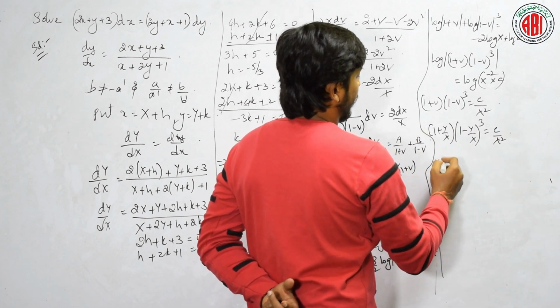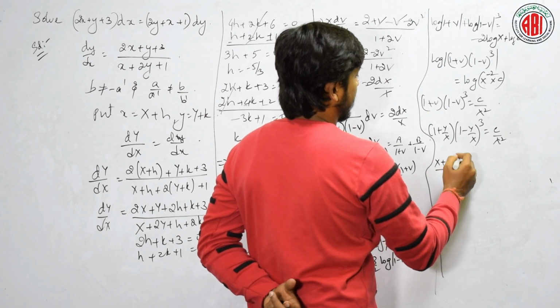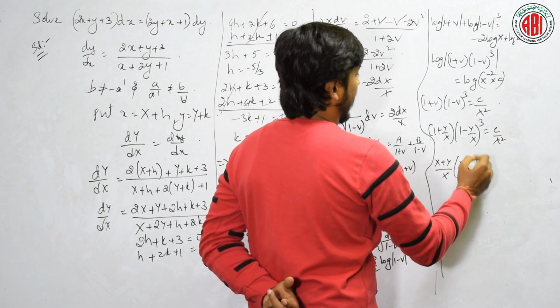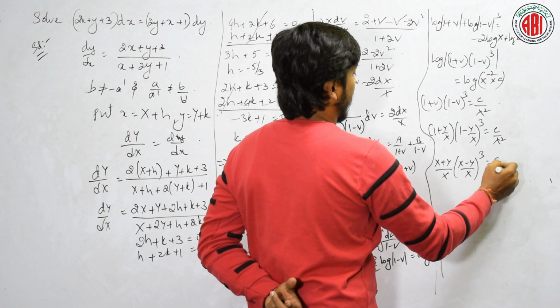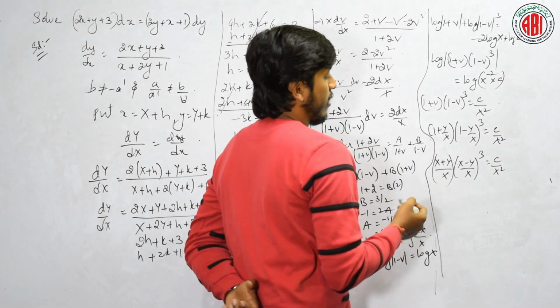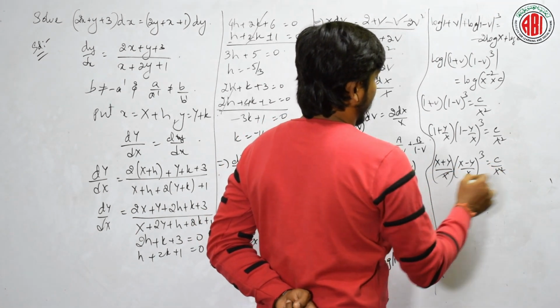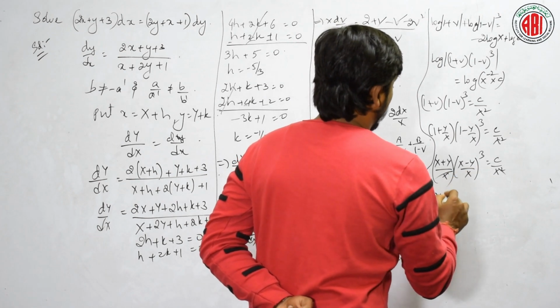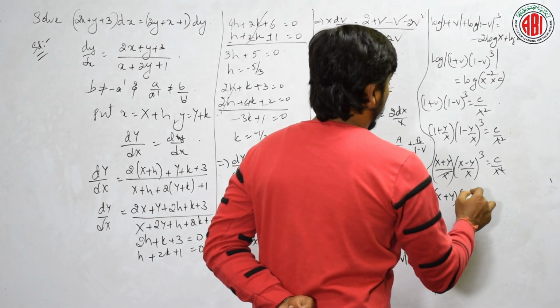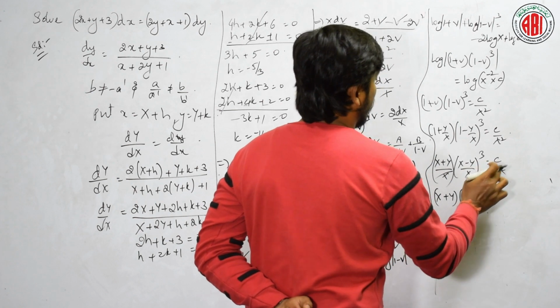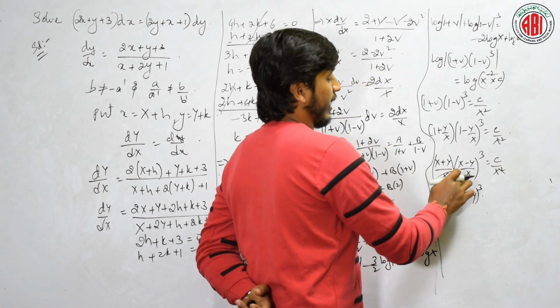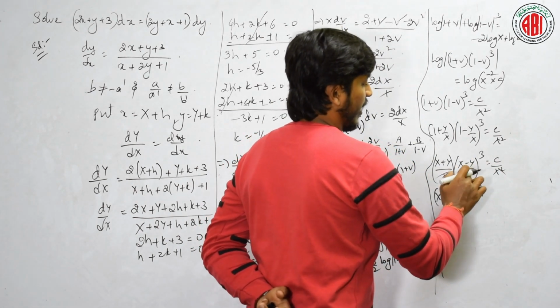Now take LCM: ((x plus y) by x) into ((x minus y) by x) whole cube is equal to c by x square. Now here one x will get cancelled, then (x plus y) into (x minus y) whole cube into 1 by x is left, here x square is left, yes or no.